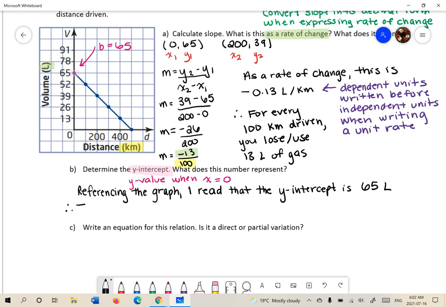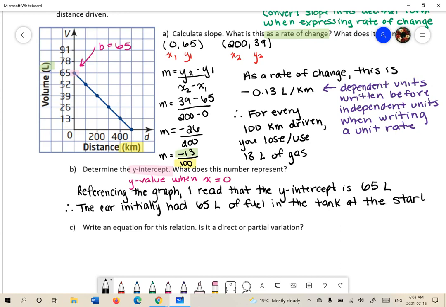Therefore, the car initially had 65 liters of fuel in the tank at the start of the road trip.